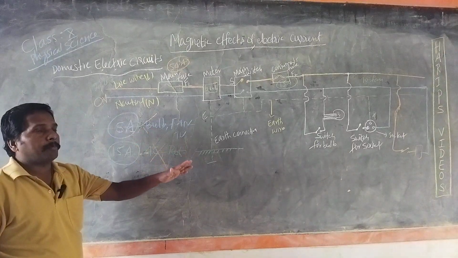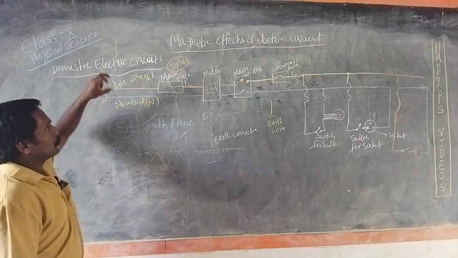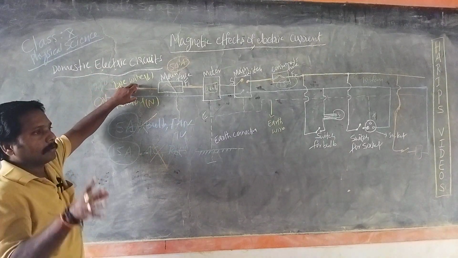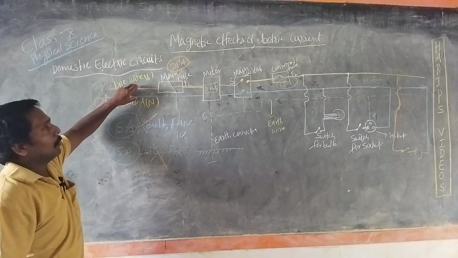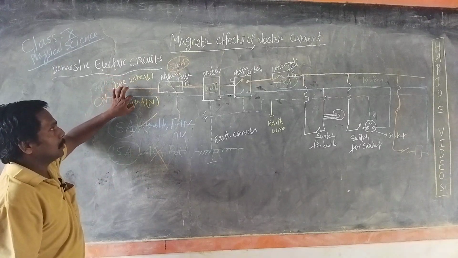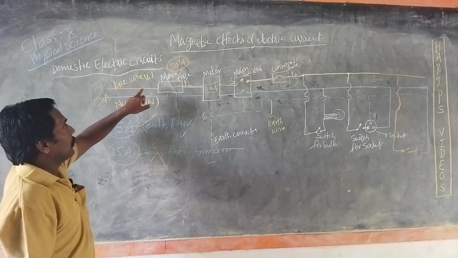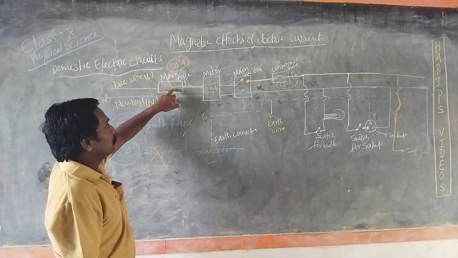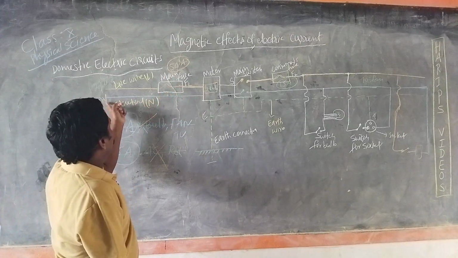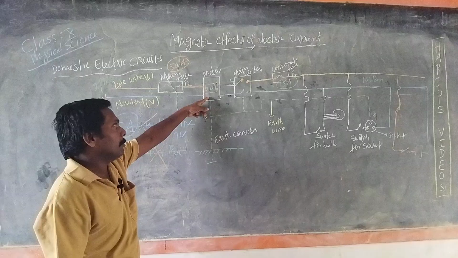Through two lines current comes into our home. One is the live wire, another is the neutral wire. The live wire is connected with the main fuse and the meter. The neutral wire is connected to the meter.